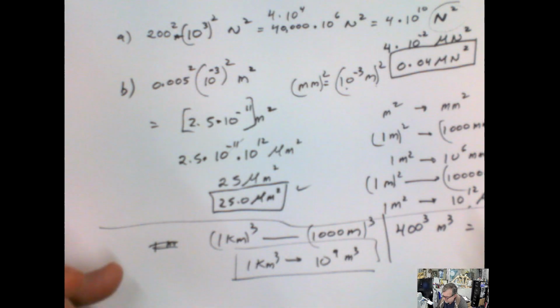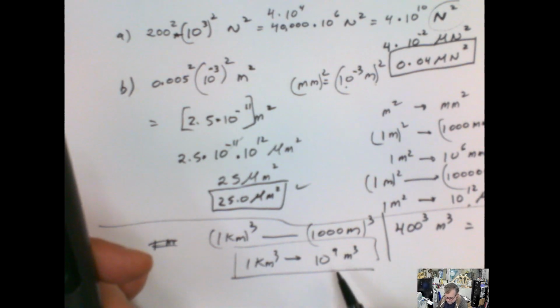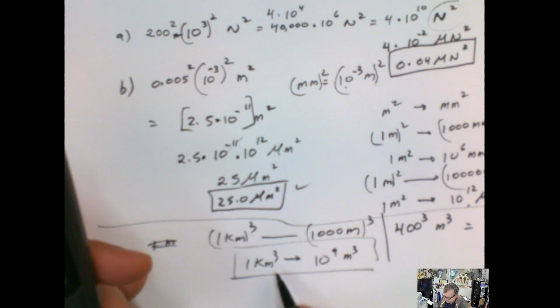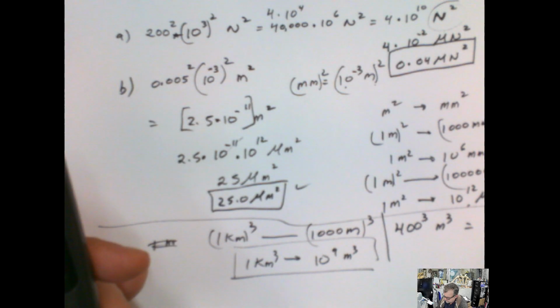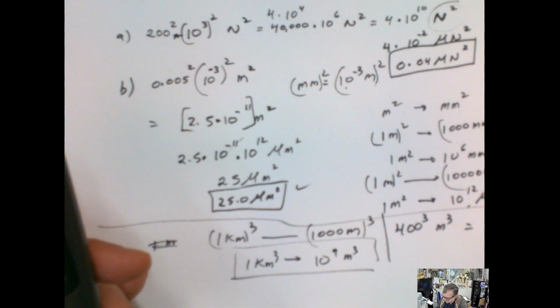So basically I can take this 10 to the 9 to convert the meters cubed into kilometers cubed. I divide this number by 10 to the 9, because I know that 10 to the 9 meters cubed is 1 kilometer cubed.